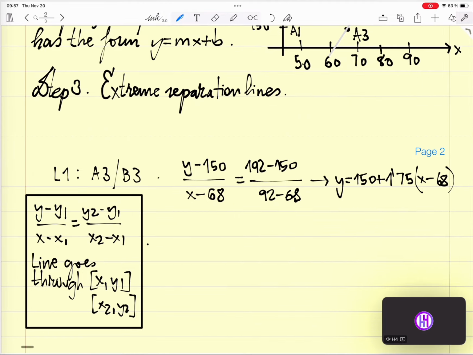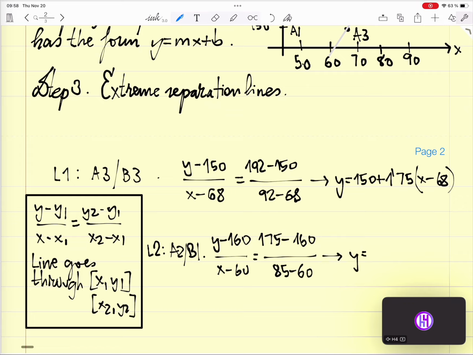The second line goes through the points A2 and B1. So it has the equation (y minus 160) divided by (x minus 60) equals (175 minus 160) divided by (85 minus 60).